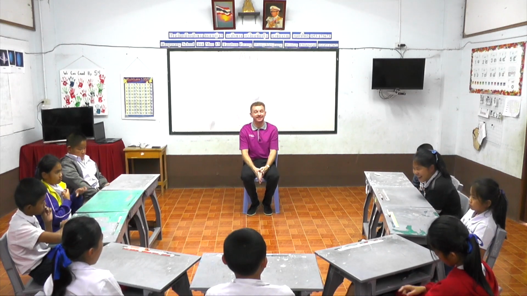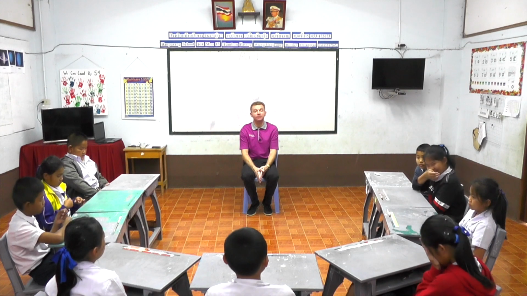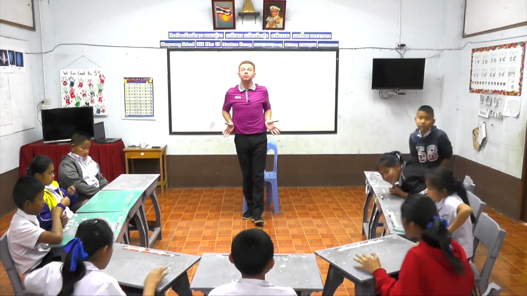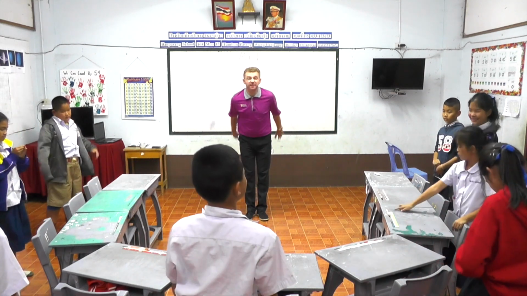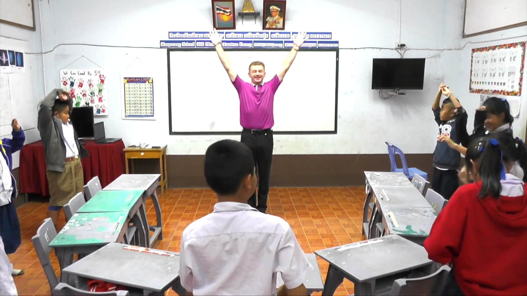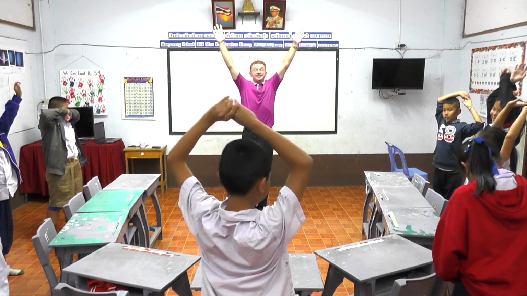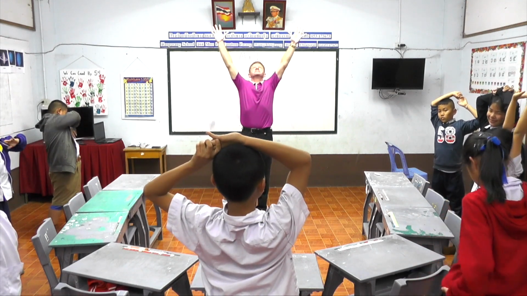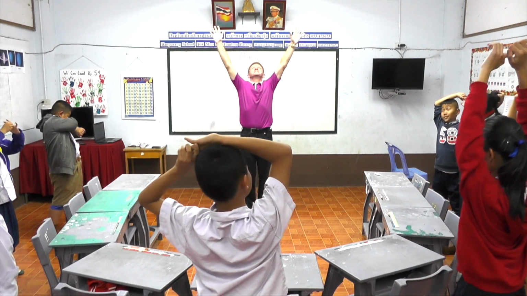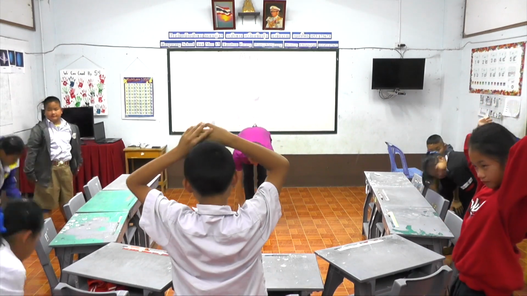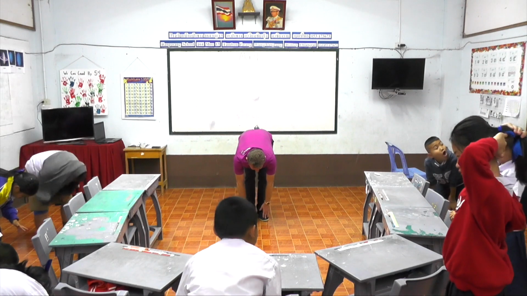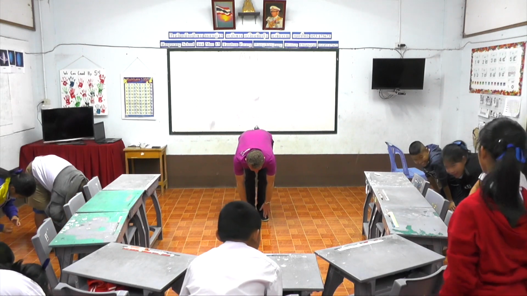Excellent. And next we can do our stretch sequence. So let's stand up and push in our chairs. And we can begin by stretching up high to the sky. High as we can. And then let's go down low. Touch our toes.